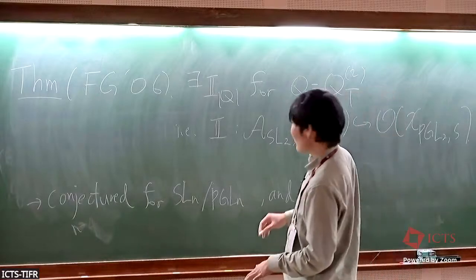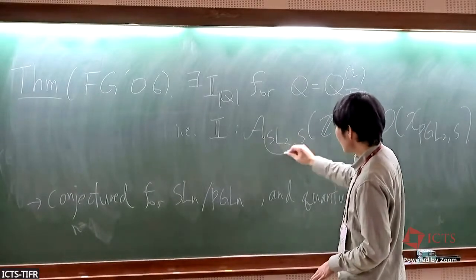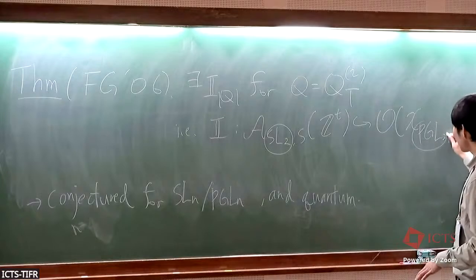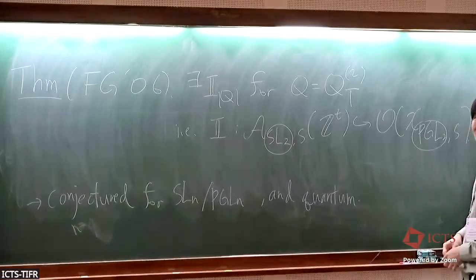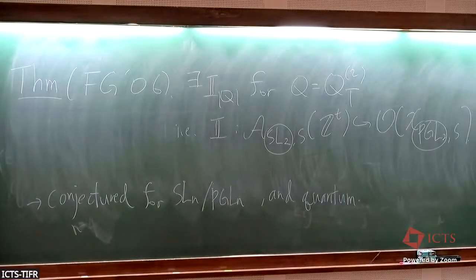Right, so they're more general. What goes in here and what goes in there should be Langlands dual. Yes. I think so, but I don't have enough knowledge to say any clever statement about that. But I think it is related.